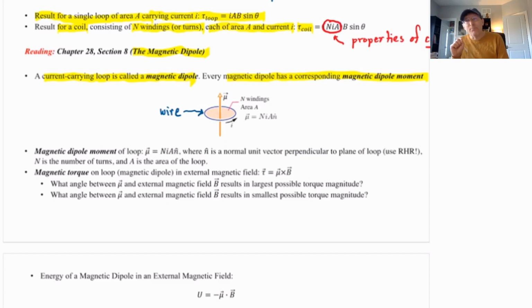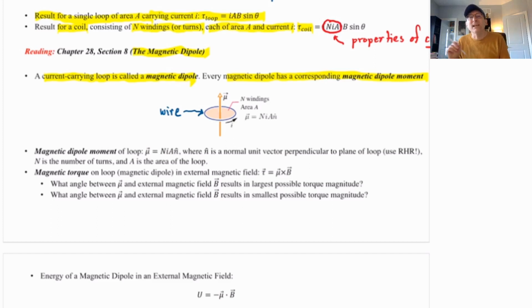For the electric dipole moment, the magnitude is the magnitude of either charge, because they have equal magnitudes, times the distance between them. Direction, by definition, was away from the negative charge towards the positive charge. Now that was just the definition of electric dipole moment. Now I'm going to give you the definition of magnetic dipole moment. Okay? And the symbol for it.